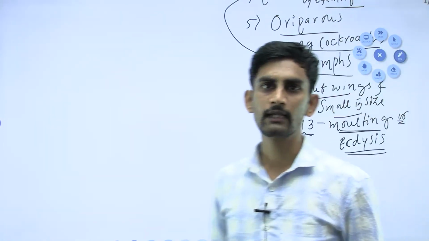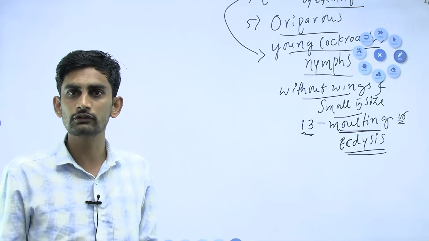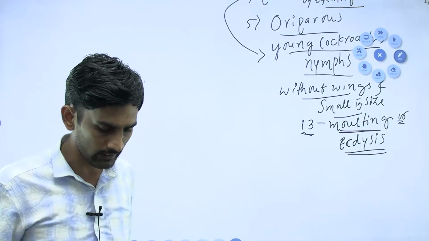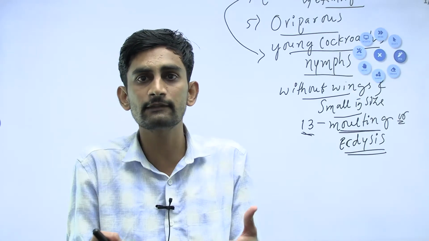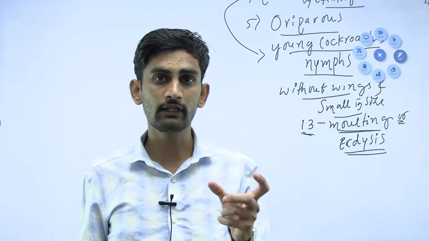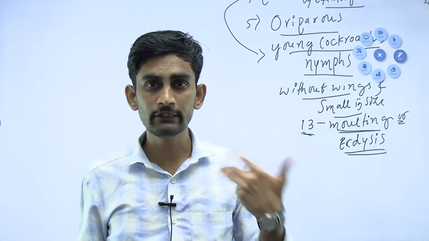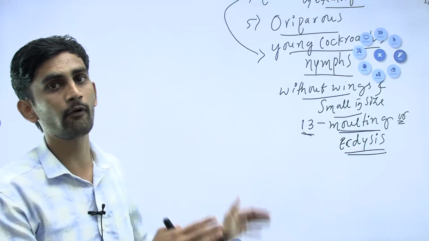Ecdysis means the conversion of these nymphs into adult cockroaches. Normally in reptiles, skin casting happens, where they remove their older scales so that new scales come. In a similar way, this is also a type of casting.